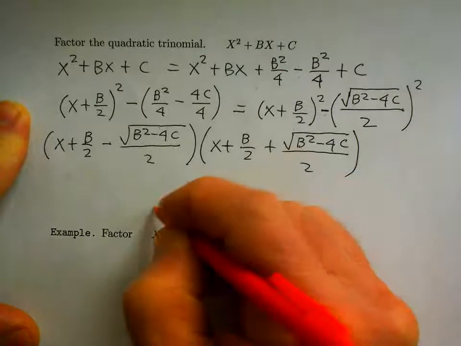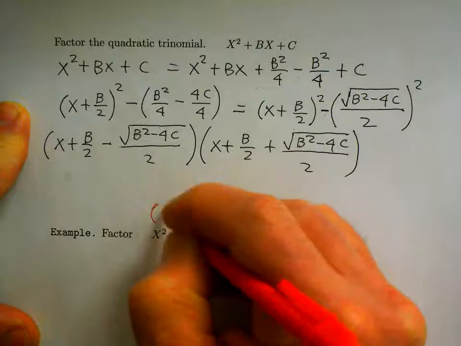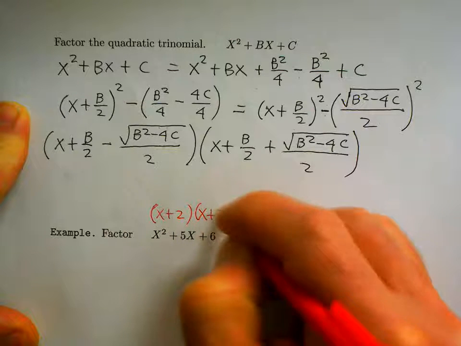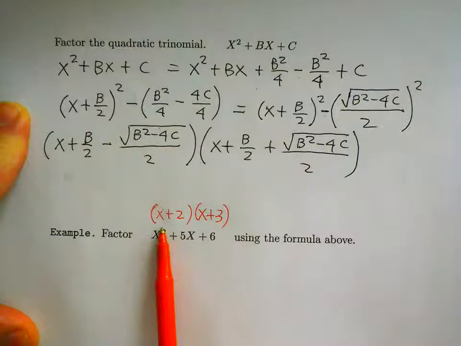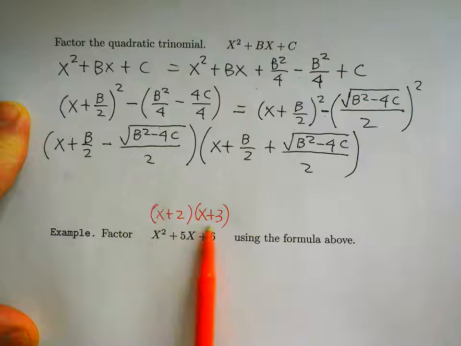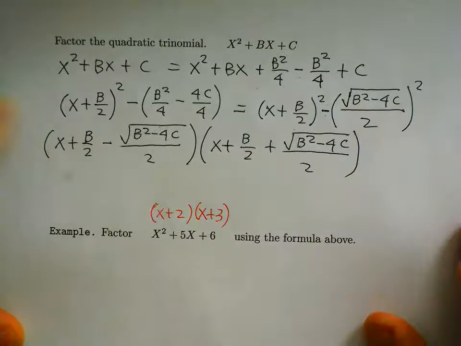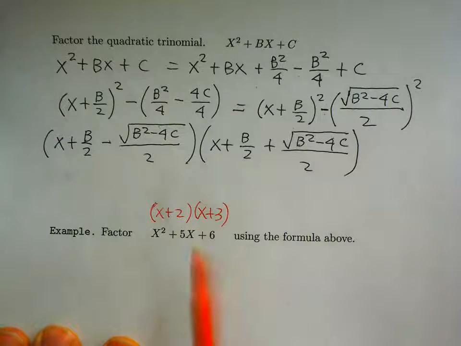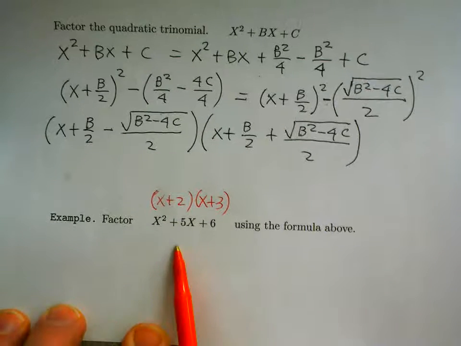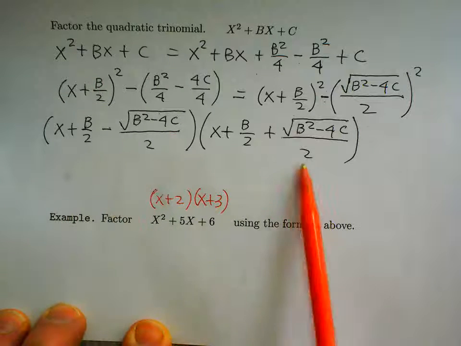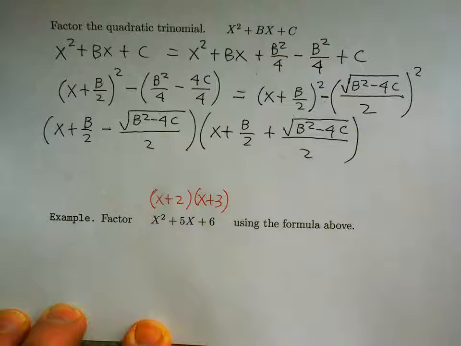We know that the two factors are (x + 2)(x + 3). We can verify that by multiplying x + 2 times x + 3 to get x² + 5x + 6. But the purpose of this example is to use this formula that we derived by using the difference of squares factoring formula.